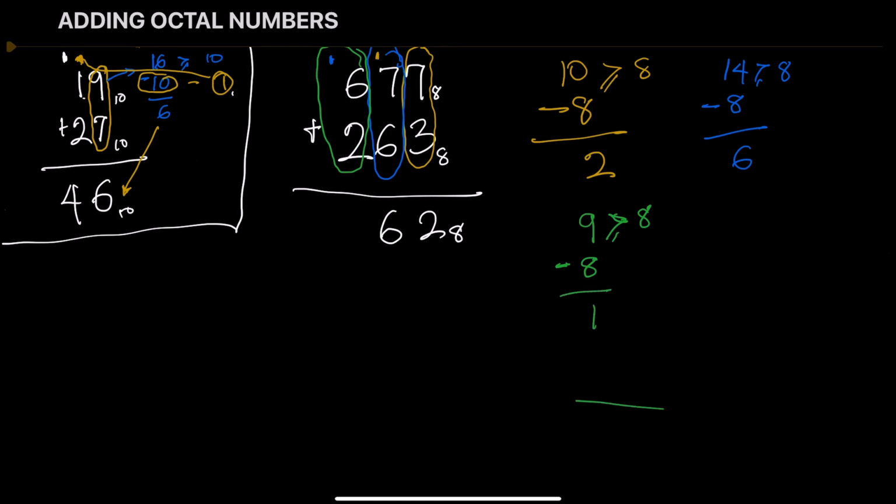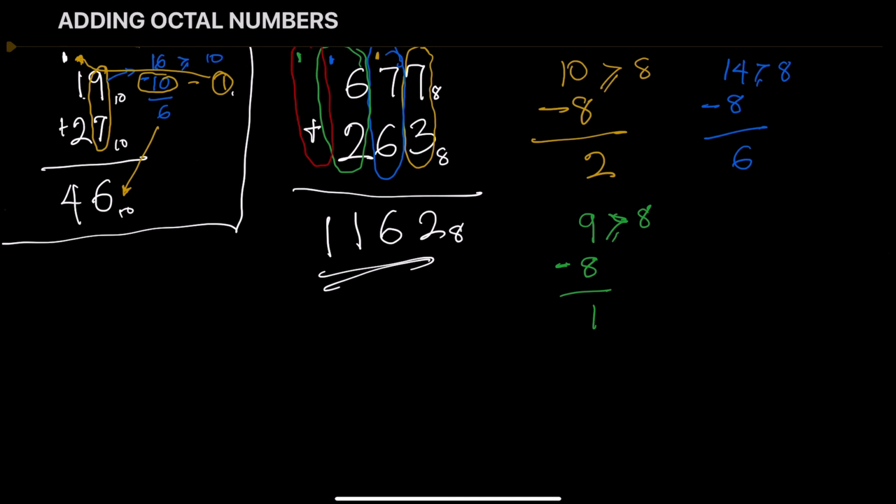We bring the 1 here, and since we minused once, we bring 1 to the next column. In the last part, we have 1 plus 0, which is 1, and we bring the 1 down. Then you have your final answer, which is 11628.